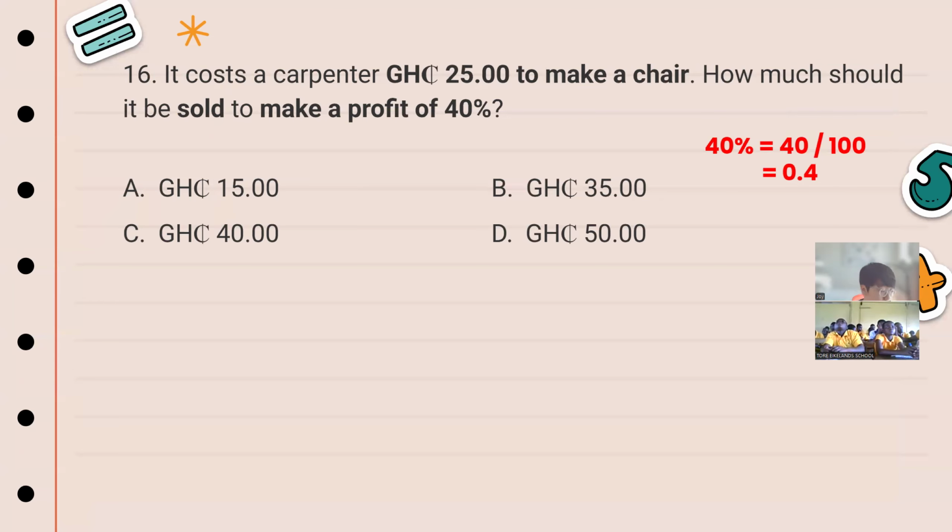It costs a carpenter 25 Ghana cedis to make a chair. How much should it be sold for to make a profit of 40%?